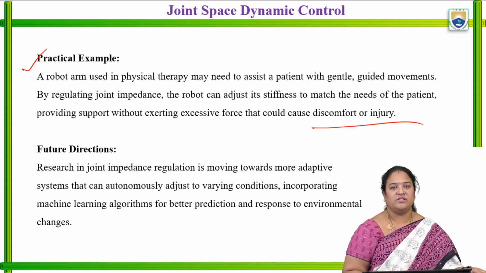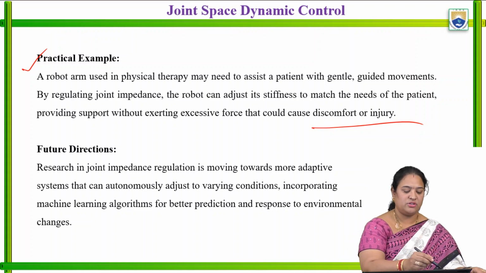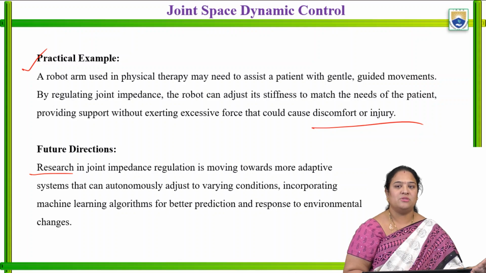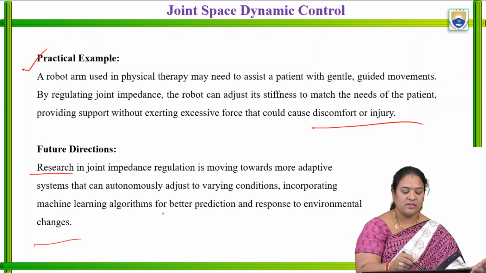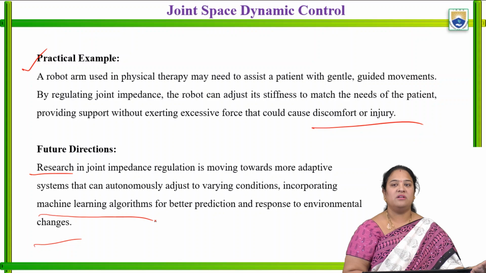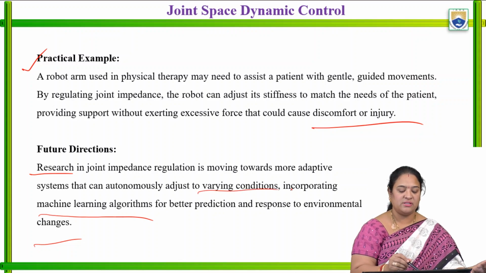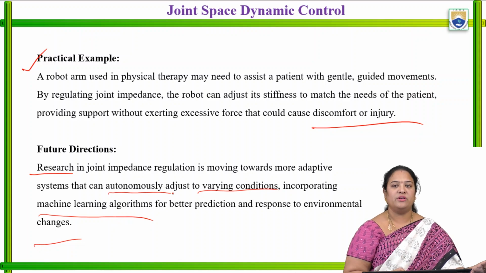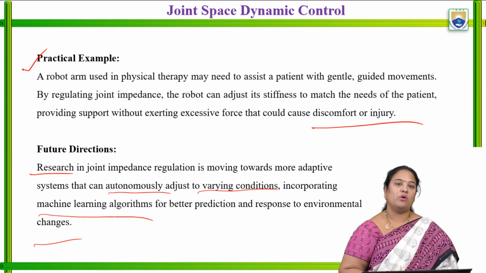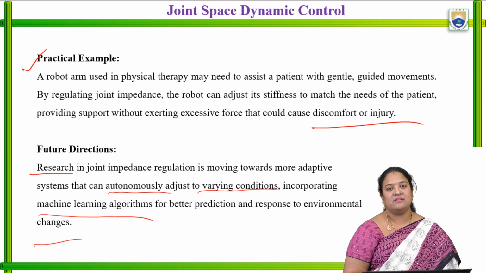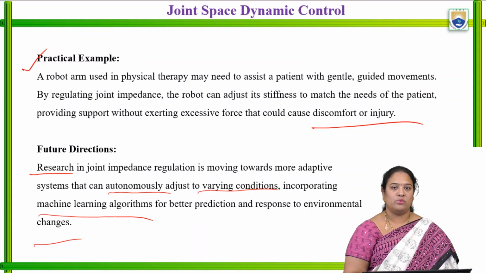And the future directions which we can come across is research. We can do a lot of research on robot joint manipulators, or we can have better prediction and response to environmental challenges, and we can incorporate machine learning algorithms to autonomously adjust to varying conditions. So we can come across these future challenges when we are considering advanced robotics.